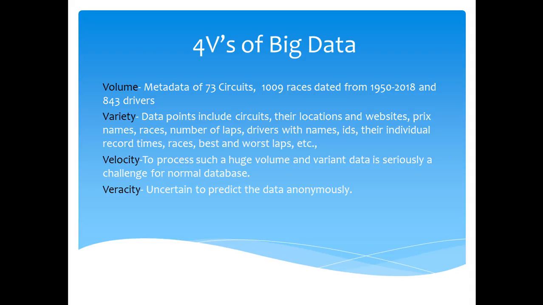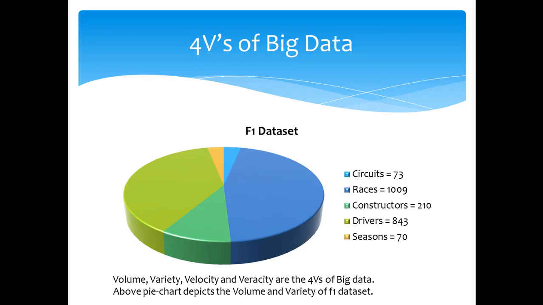Here I discuss the 4 V's of big data: volume, variety, velocity and veracity. All these V's are satisfied in this dataset, hence it is apt for analysis with big data technology.